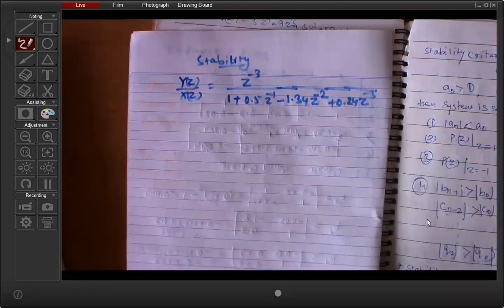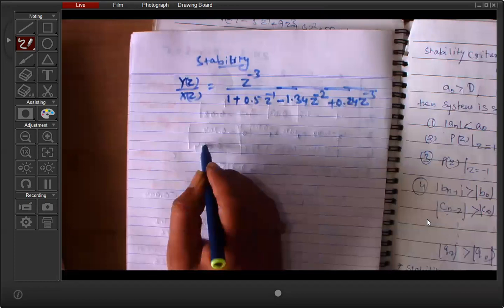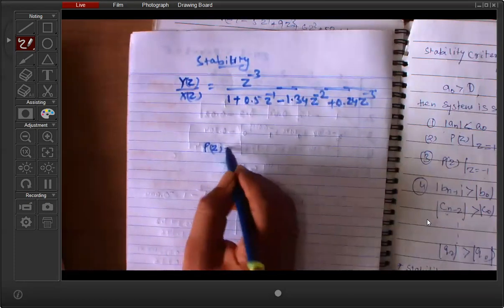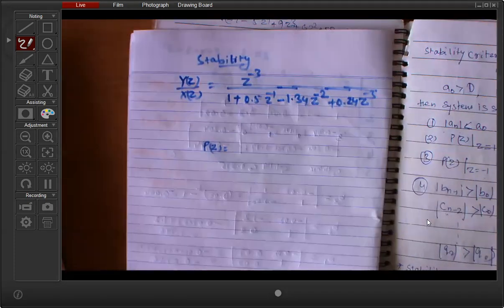So tell me the general expression of the characteristic equation or polynomial. What is the general expression of the characteristic polynomial?